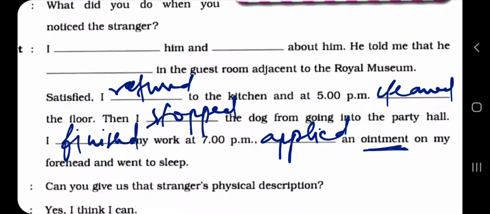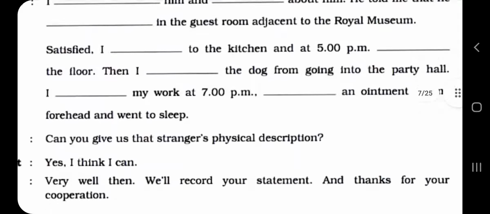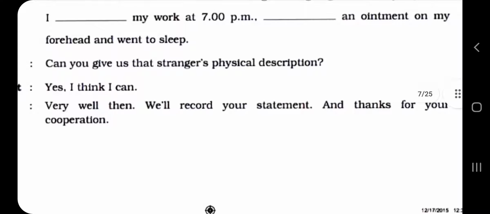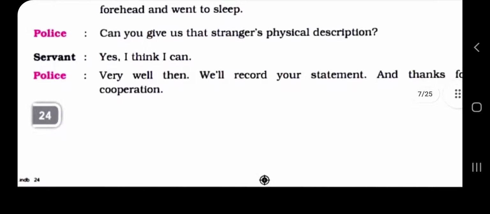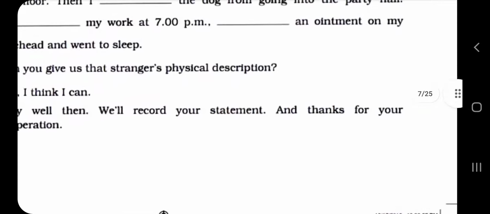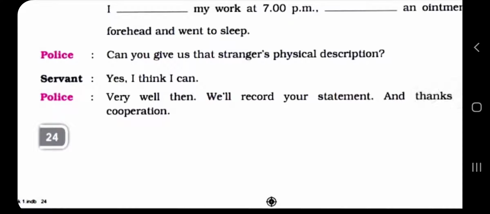Can you give us that stranger's physical description, means outlook, whether he was tall, dark or fat, and how he looked. That has to be given to the police. Yes, I think I can. Very well, then we will record your statement, and thanks for your cooperation.